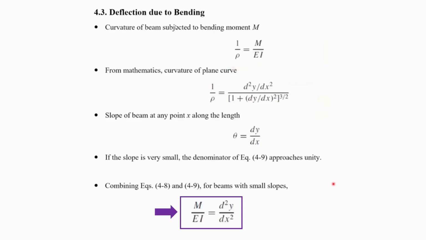Therefore, the denominator of this equation here approaches unity, and the inverse of the radius of curvature would be equal to the second order derivative of deflection with respect to x, and the inverse of the radius of curvature is also equal to M over EI, which means that when we combine these two equations, we obtain the following equation for beams with small slopes: the second order derivative of deflection with respect to x is equal to M over EI.